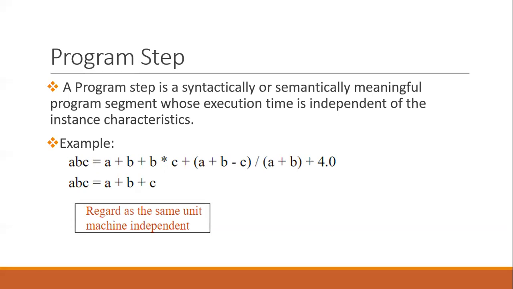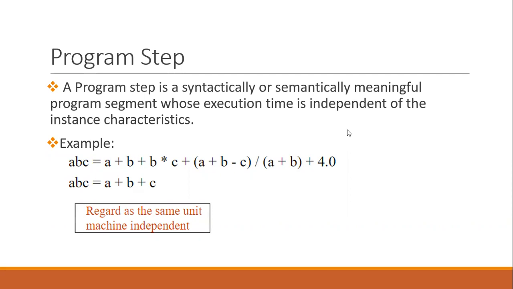So for example, consider these two statements which can be treated as program steps. This method gives us a machine independent estimate, but we must know how to divide the program into distinct steps.